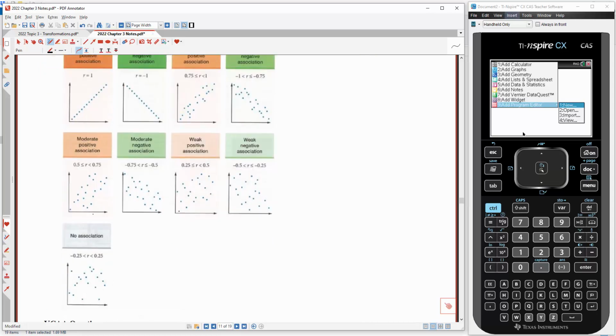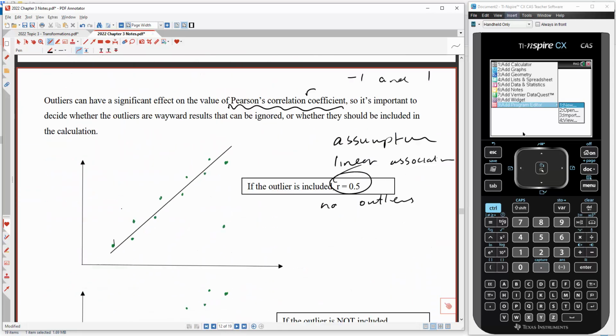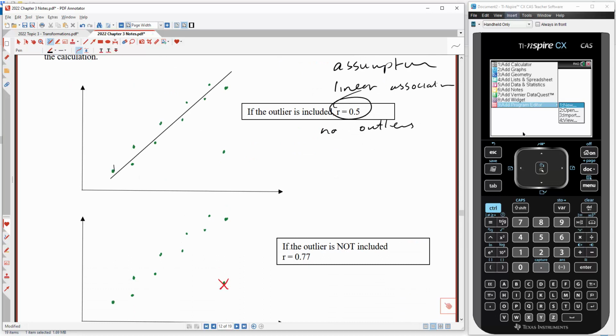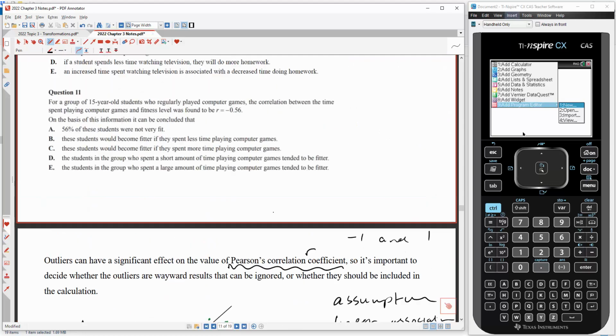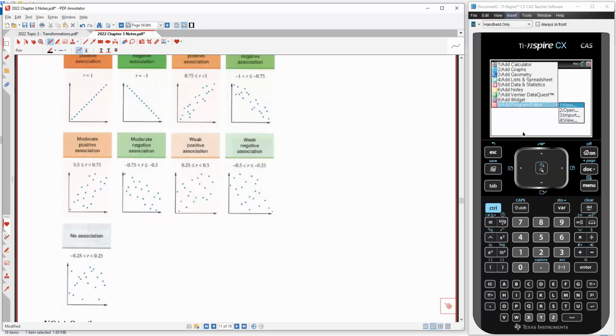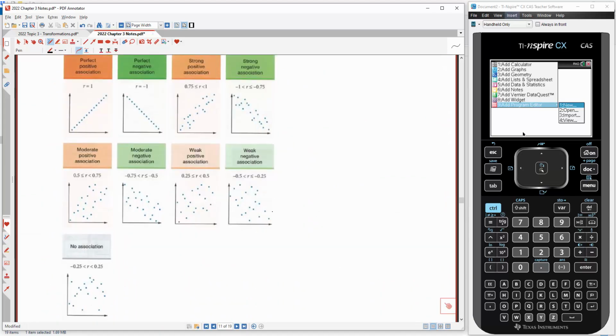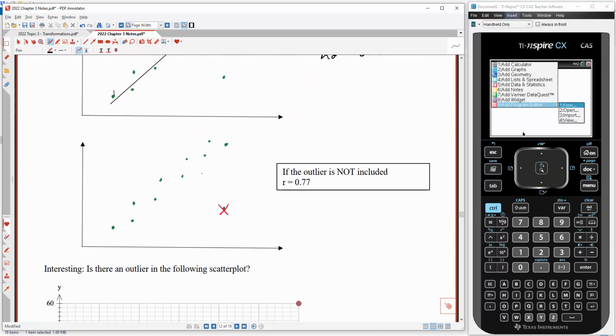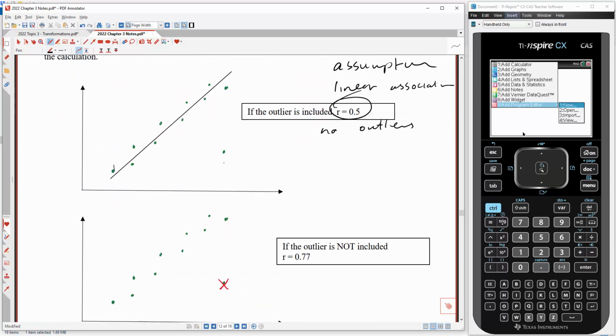Yeah, moderate. Okay, but if you look at this, it looks really good, like there is a real clear-cut correlation. And actually, if you don't include this outlier, if you remove it from the data set and recalculate it, we can see that the R value in fact is 0.77, which is much higher. I think it's strong positive. Yeah, strong positive. So it's important to note that.